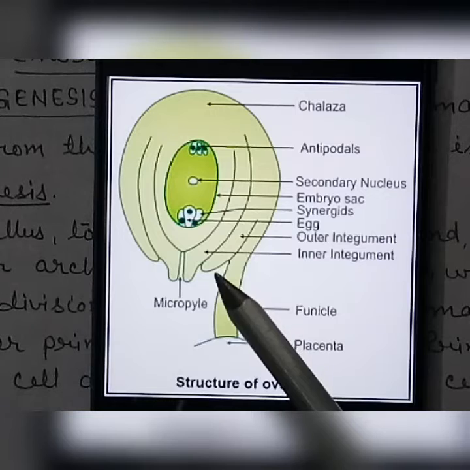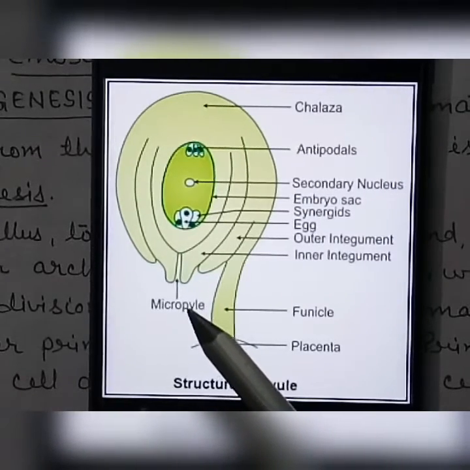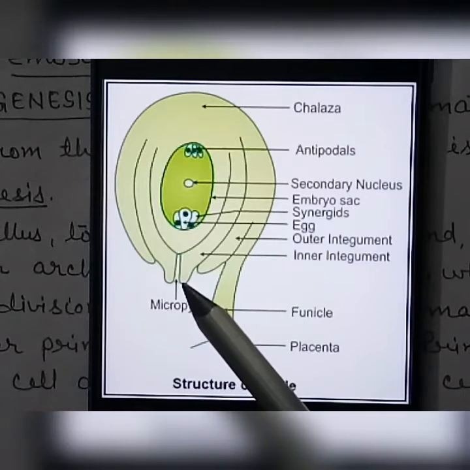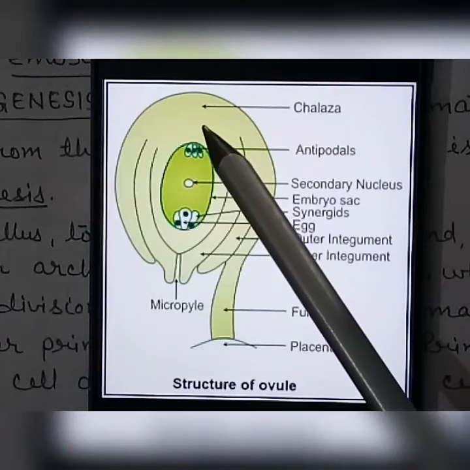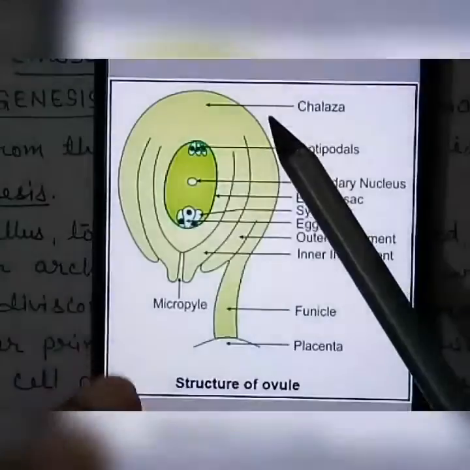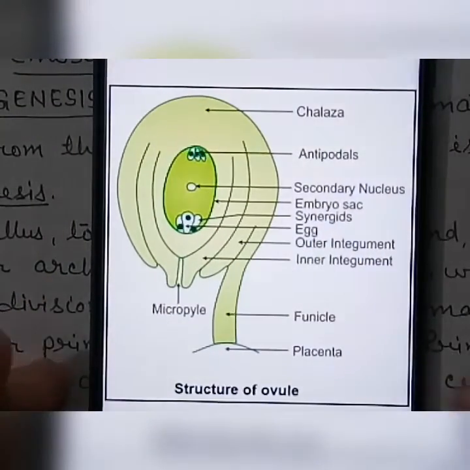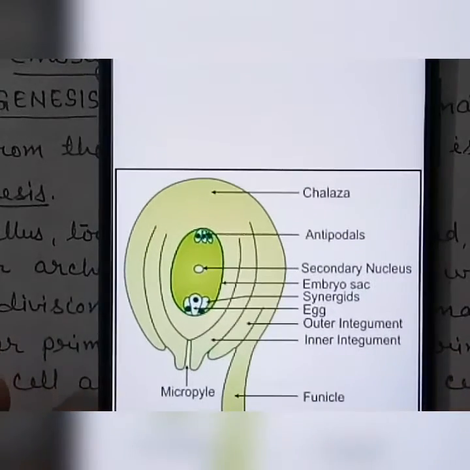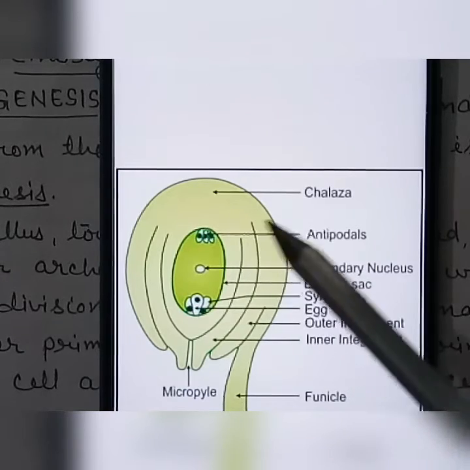The integument is absent at one point, and that side creates a pore called the micropyle. The basal part of the ovule, opposite to the micropyle, where the integuments arise, is called the chalaza.